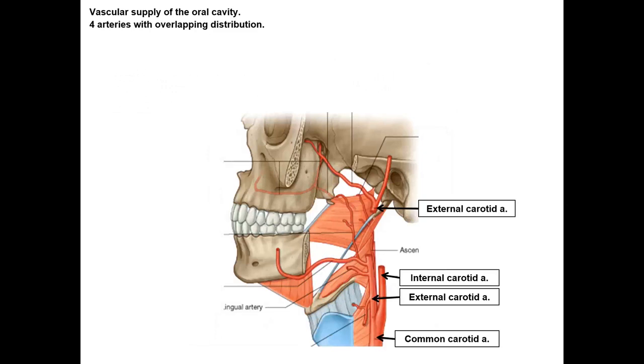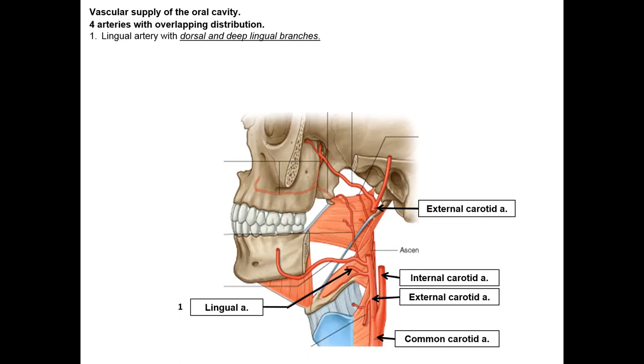The vascular supply of the oral cavity can be a bit daunting, but there are some principles that you need to understand here, and that's the principle of overlapping distribution and collateral circulation. Each of these four arteries that I'm going to put up here for you will have branches, but I want you focused on the four arteries.